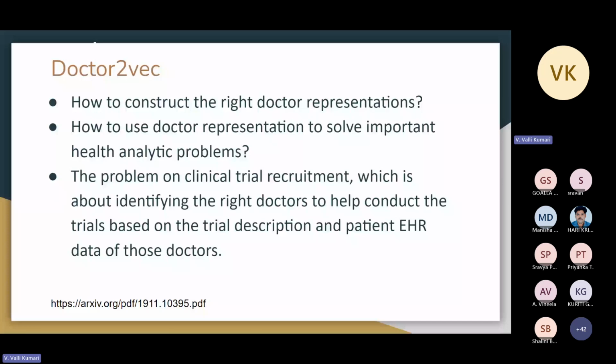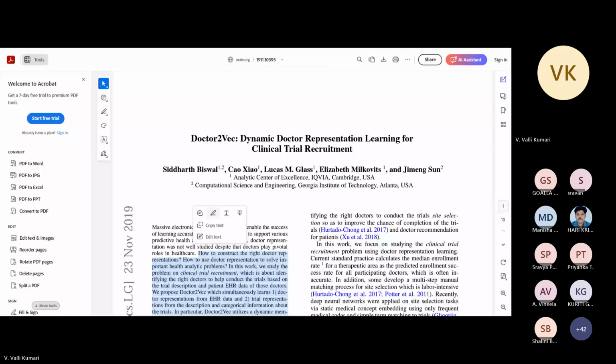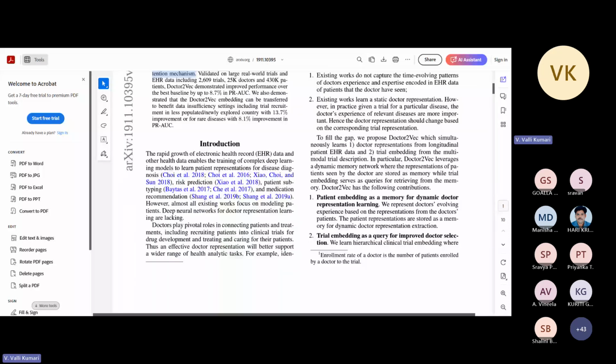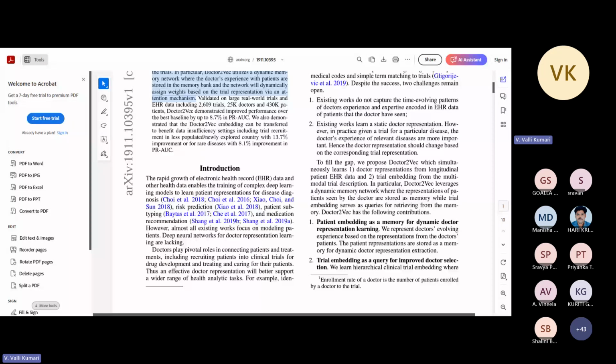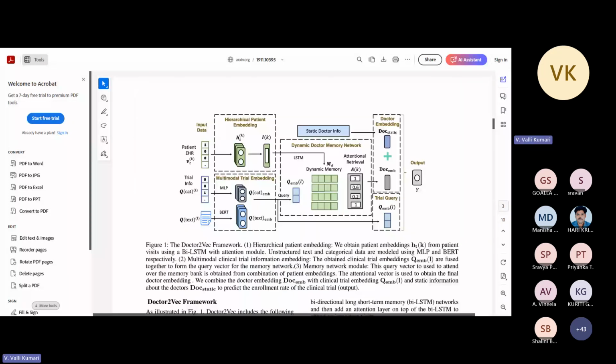The advantage with this Doctor2Vec work is that you can identify the right doctor to conduct the trials, based on the patient and the trial description. This is another kind of representation for doctor related information. It is about processing the doctor records and the trial data, who will administer and all that.